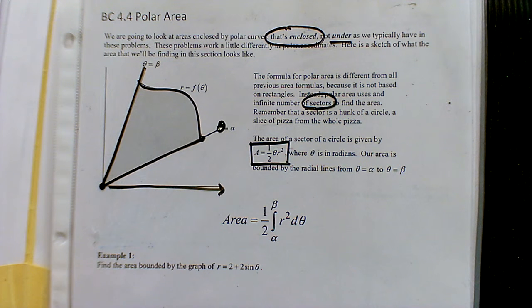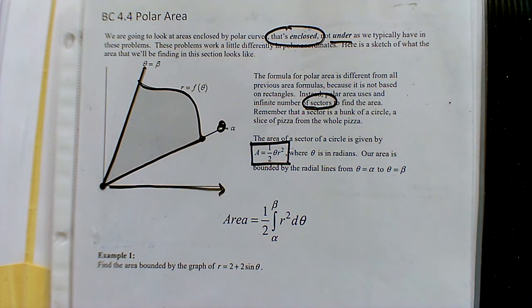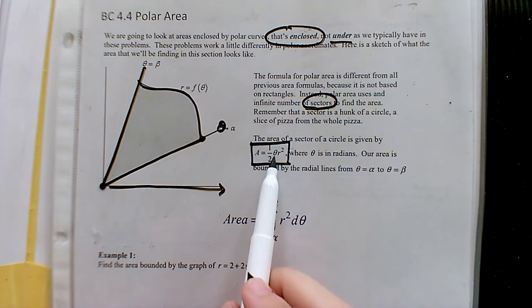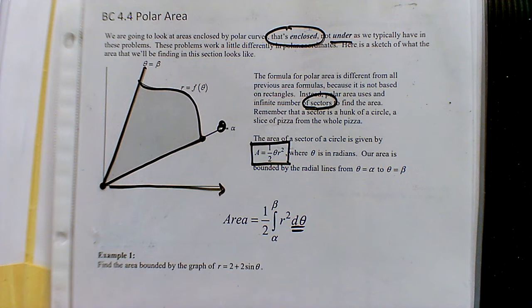So just like we integrate the area of a rectangle or a trapezoid to help us figure out area under a curve, we're going to integrate the area of a sector to help us figure out the area enclosed between a polar graph or curve. So theta, we're going to use the d theta on the end because we want to let that angle of rotation get really, really small.